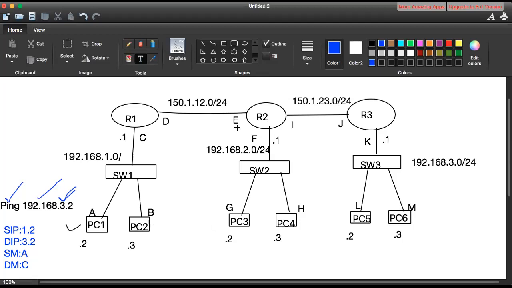Which means if PC1 wants to learn the MAC address of 3.2, it won't be possible. The reason is that PC1 knows 3.2 is in a different network, and my ARP request cannot reach 3.2.